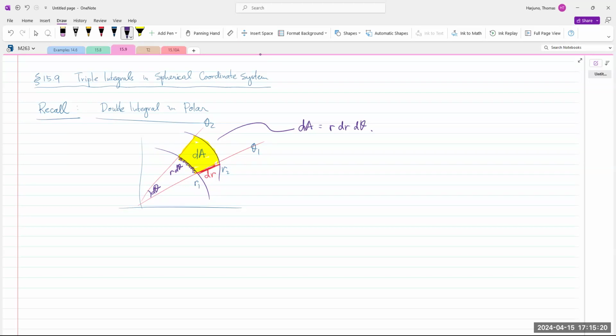Now what happens if we have the spherical coordinate system? I need to borrow a picture from our textbook to help us see. Let's take a look at this picture here.